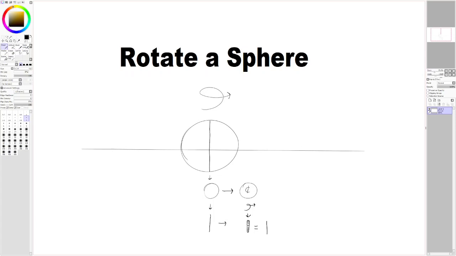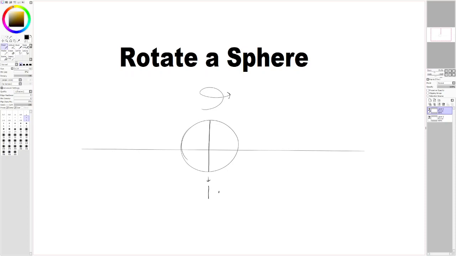So what I'm going to do is undo some of what I just drew because I think it's a bit distracting, and do another layer. As we do this rotation, I'm going to draw our thing again. Okay, so we're starting with that ellipse viewed from the side.